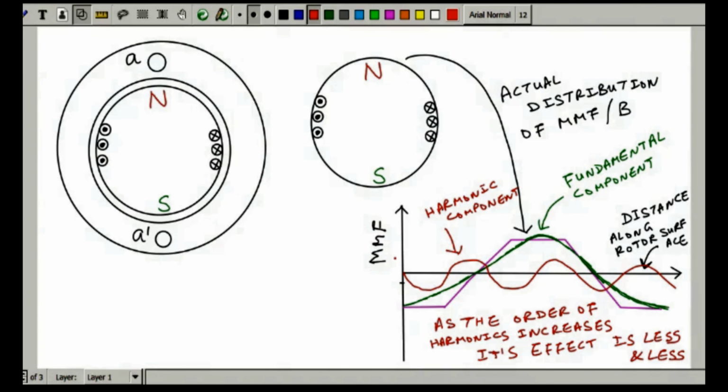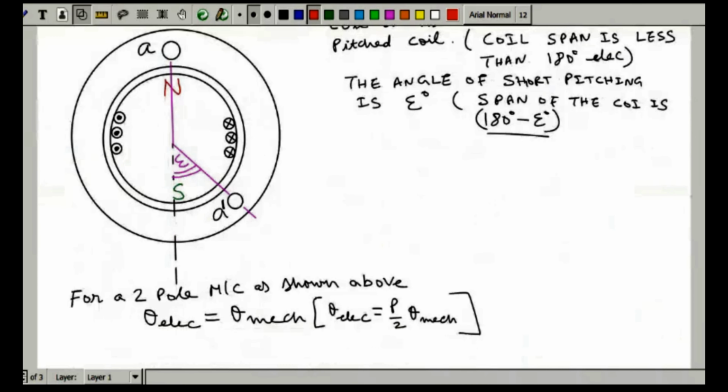So we see that besides this fundamental component, there are lots of harmonic components. So one reason for short pitching a coil can be this, that we want to eliminate some harmonic EMF. Elimination of harmonic EMF can be one of the reasons. What can be the reason for short pitching a coil?